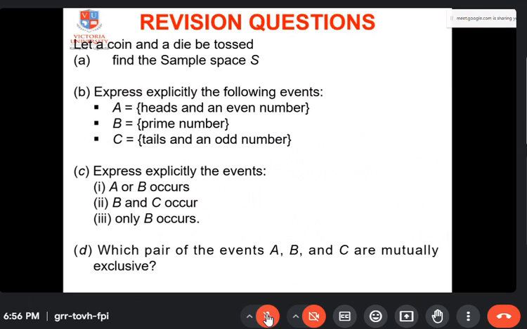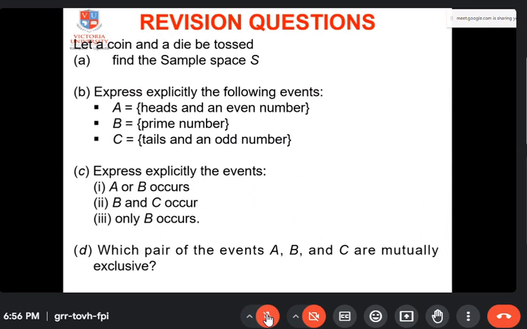Event B is where we talked about a prime number. Since we said 2 is a prime number, we have 2 head, 3 head, 5 head, and 2 tail, 3 tail, 5 tail. Then event C, tail and an odd number.